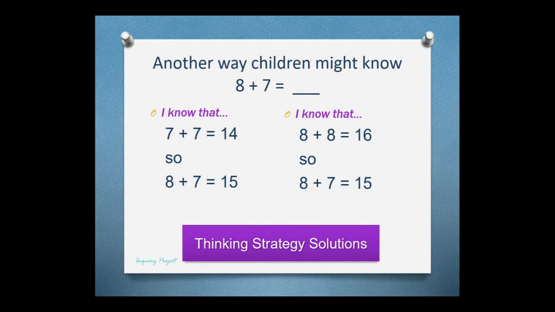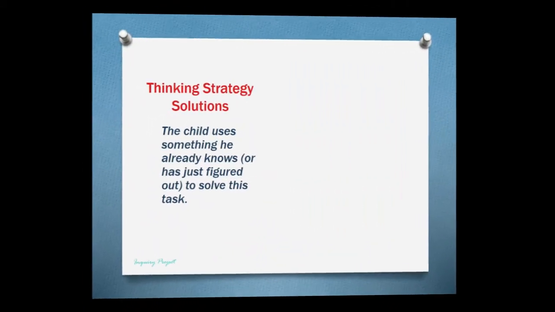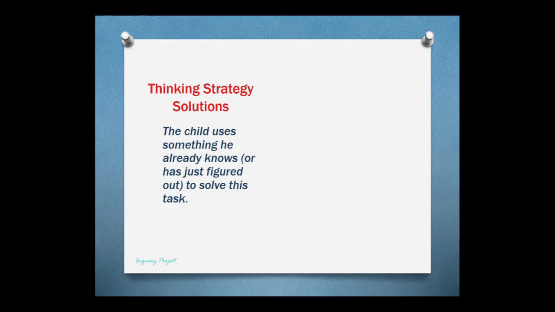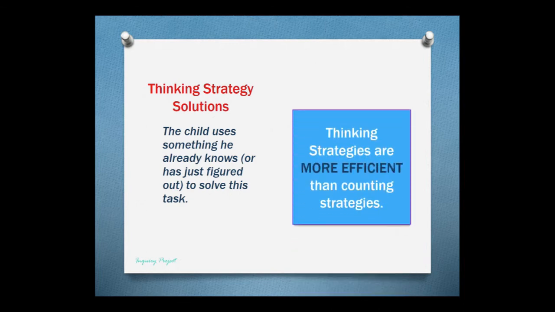Now, the term thinking strategy is a technical term. It doesn't just mean that the child was thinking. We call a solution a thinking strategy solution when the child uses something he already knows or has just figured out to solve the task at hand. These thinking strategy solutions are clearly more efficient than counting solutions.